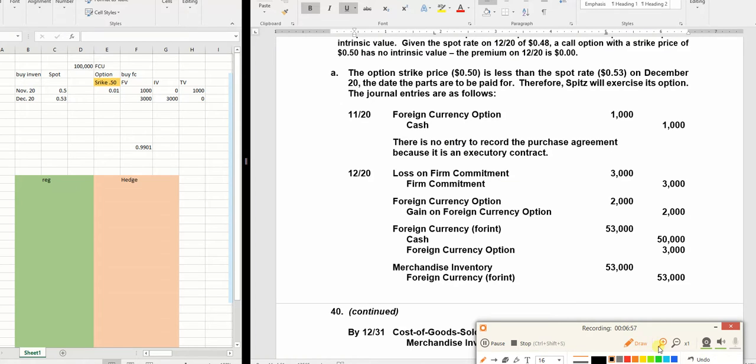we go back and we change this to 0.48. I believe that was what it was.